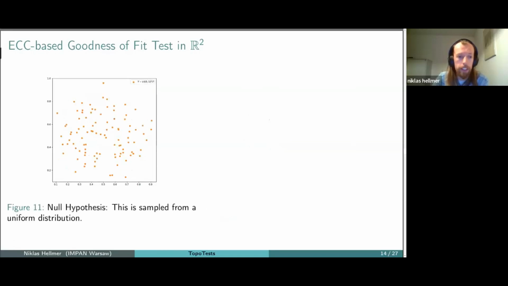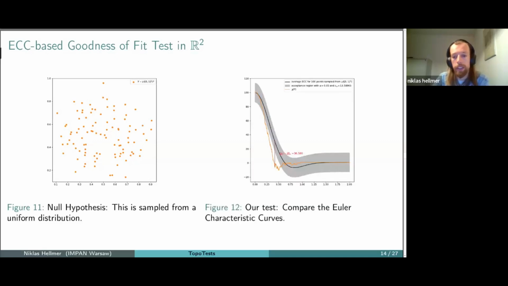And now another example. Here is an orange point cloud. You might again wonder whether this is coming from a uniform distribution. And it's actually maybe a bit hard to tell with your bare eye. But if you look at the Euler characteristic curve, you see that this is differing very much from what you would expect from something coming from a uniform distribution. Right?